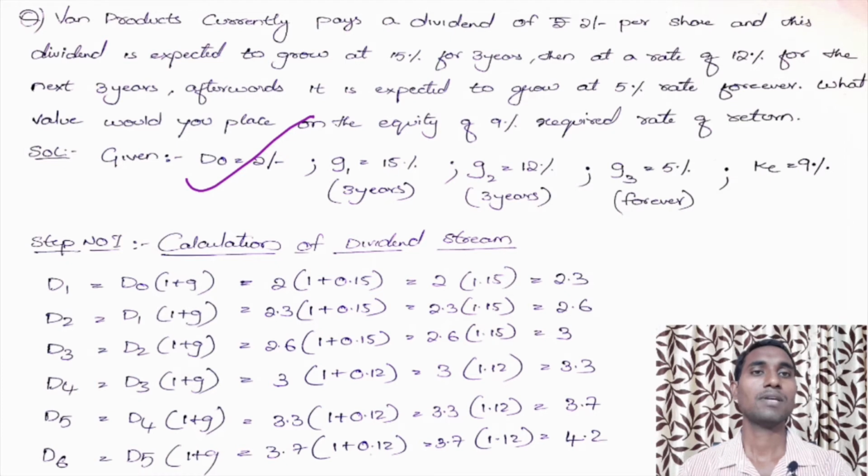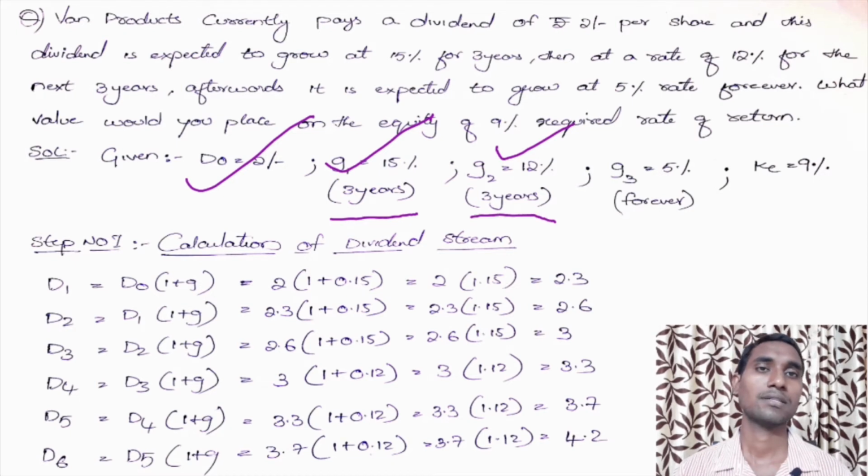So we have the first growth rate, 15%, and this growth rate will sustain for 3 years. Then it grows at the rate of 12% for the next 3 years. So we have the second growth rate, 12%, for 3 years. Afterwards, it is expected to grow at 5% forever. So the third growth rate is 5%, which is forever.